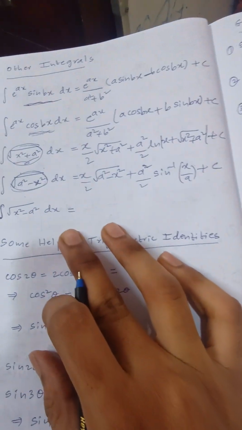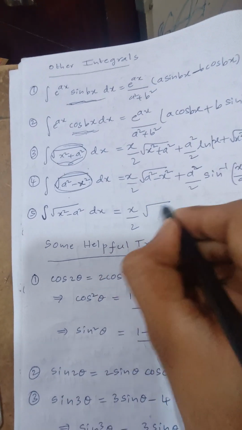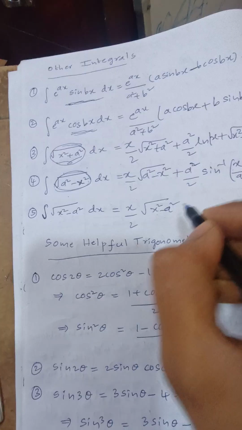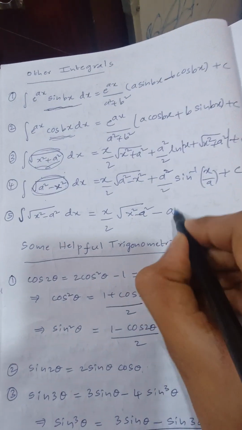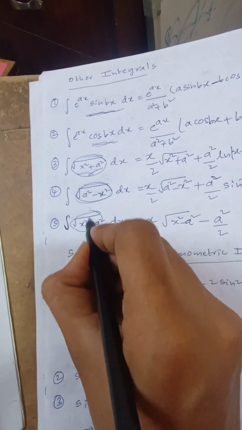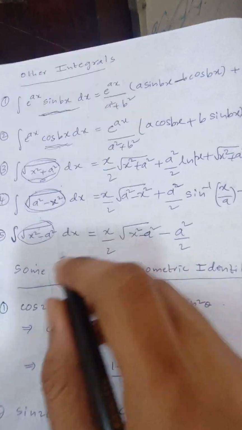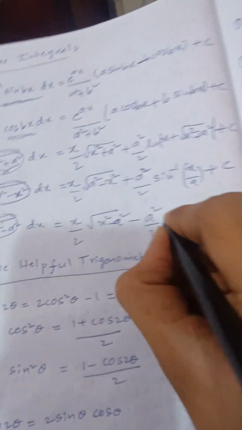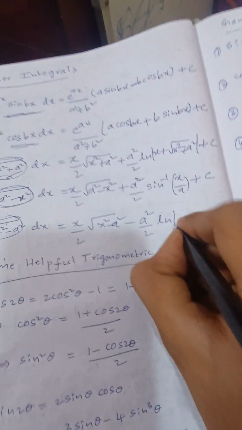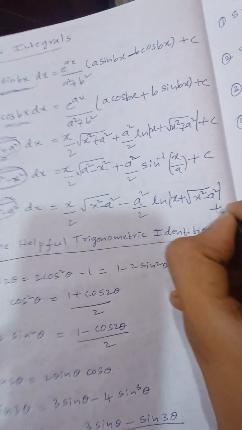Similarly for this also we write x by 2 under root x square minus a square. As before constant minus is there, I am writing minus a square by 2. If this is present in the denominator, 1 by root over x square minus a square dx, the integral is ln mod x plus root over x square minus a square plus c.